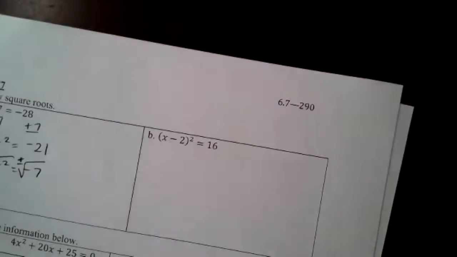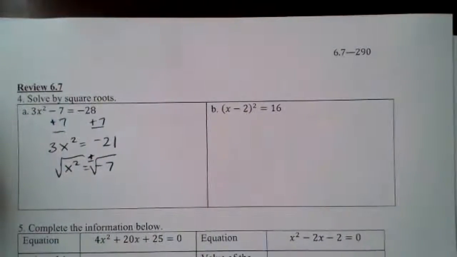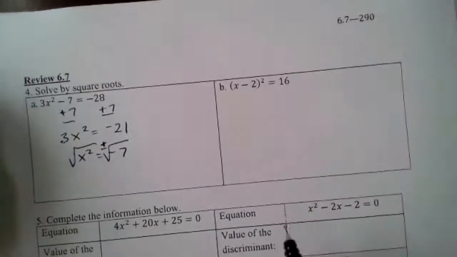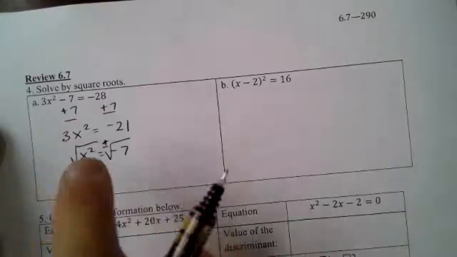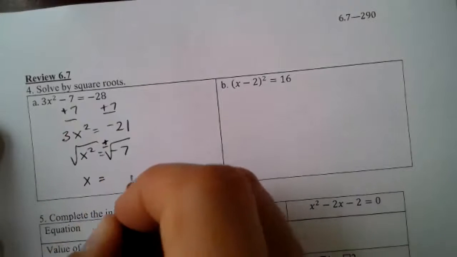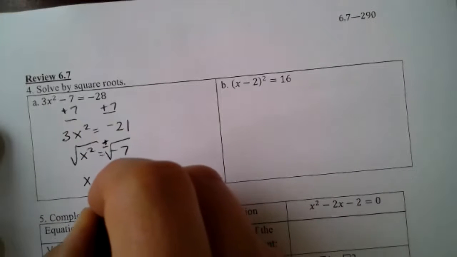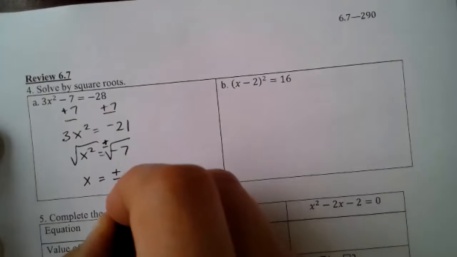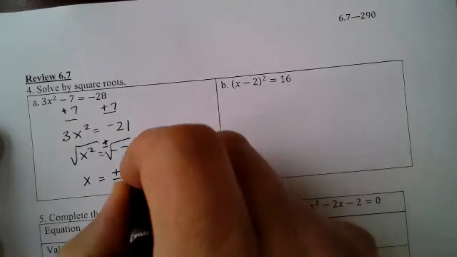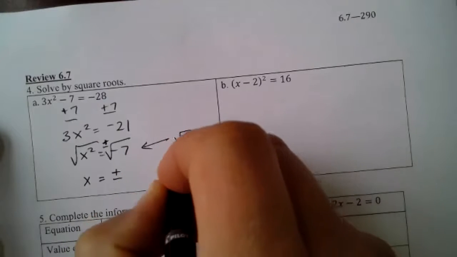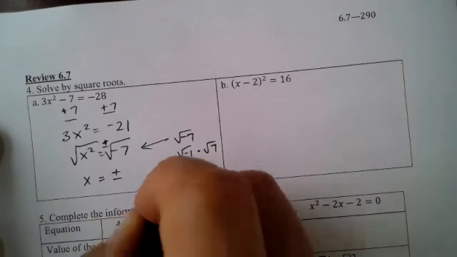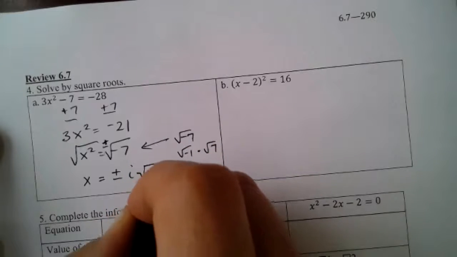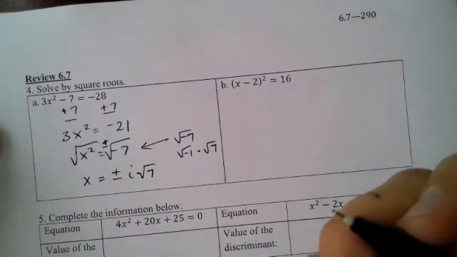I'm going to change your pens because this is kind of looking bad here. Okay, so we've got x equals, now my solution here will be two solutions. It's going to be plus or minus. Now this right here is negative 7, which is negative 1 times 7. So it's going to be i square root of 7, like that, okay?